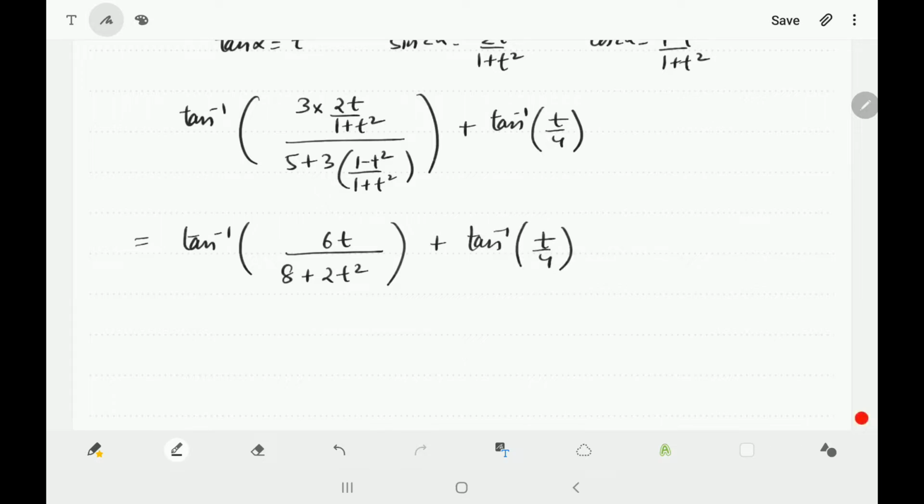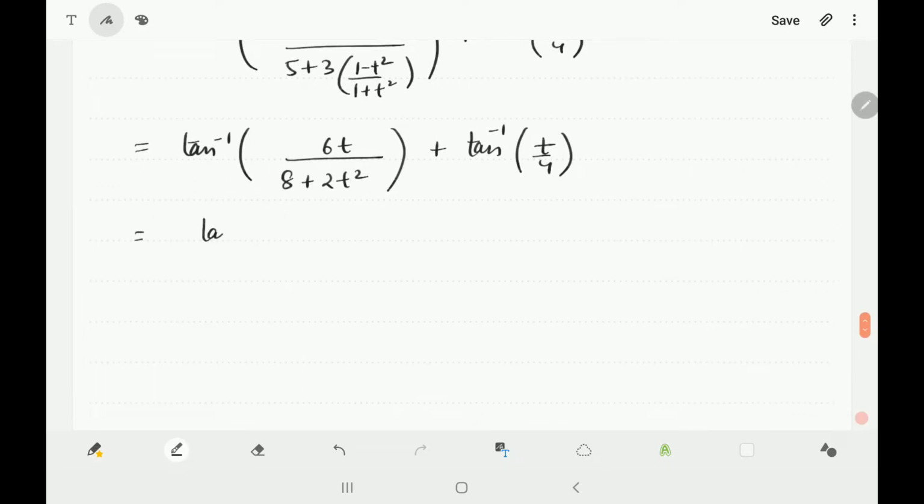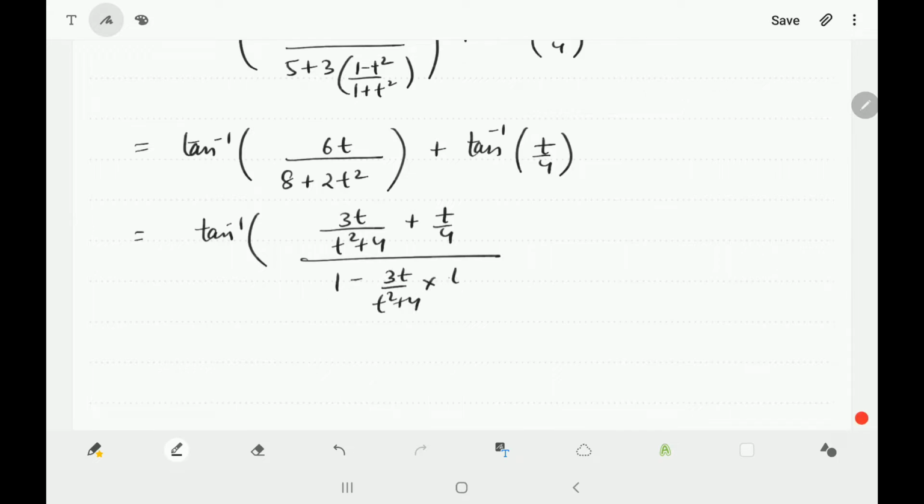As such, we don't know any condition on these, so we will just directly apply the formula of tan inverse of a plus tan inverse of b. You can cancel 2 from both terms, 3t from numerator as well as denominator, so 3t divided by t square plus 4, plus t by 4, upon 1 minus 3t upon t square plus 4 into t by 4.